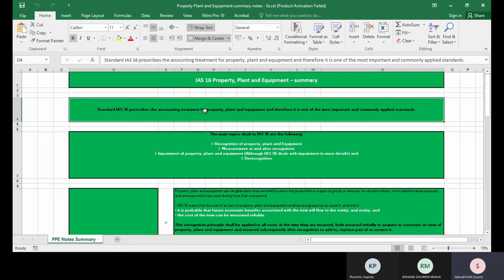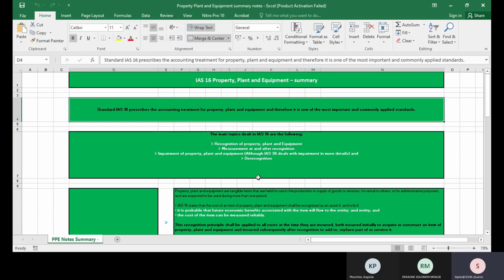So now this property, plant and equipment, this IS 16, they are basically saying the standard IS 16 prescribes the accounting treatment for property, plant and equipment, and therefore it is one of the most important and commonly applied standards, right? So the main topics dealt with in IS 16 are the following. Ne?